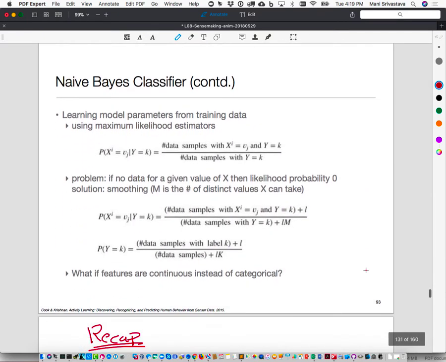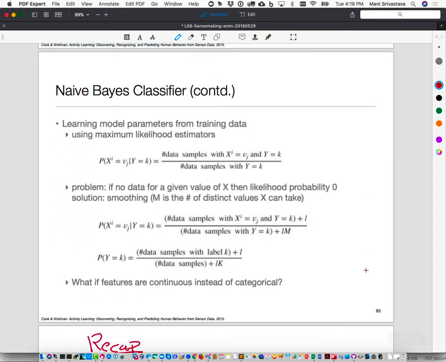The way we learn these things, in the case of categorical variables, that is, attributes which take values out of a set, whatever type of fruit, or was there motion or no motion, is that I can basically do counting from my data set and calculate it.